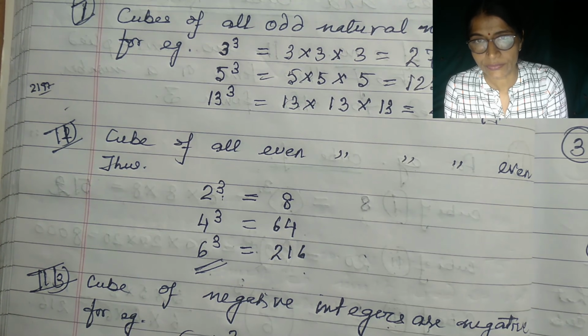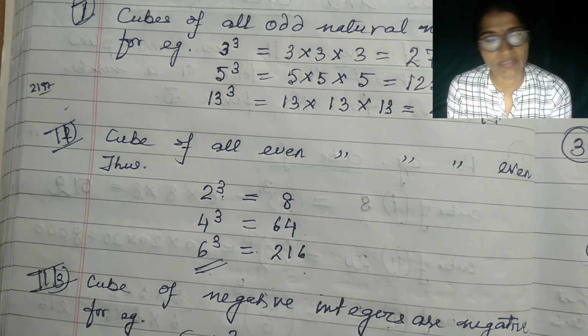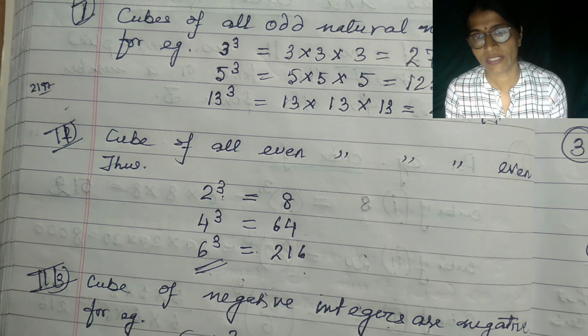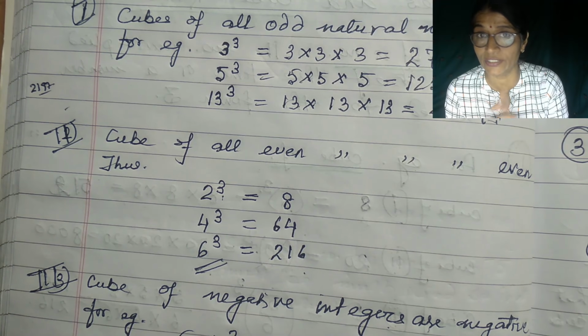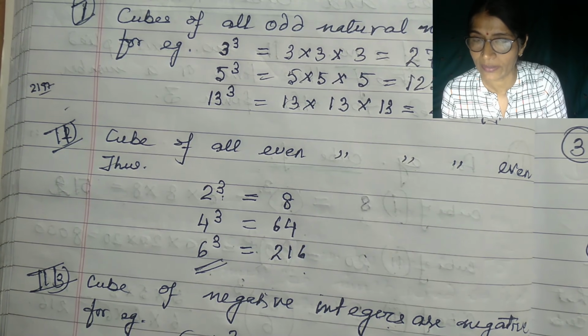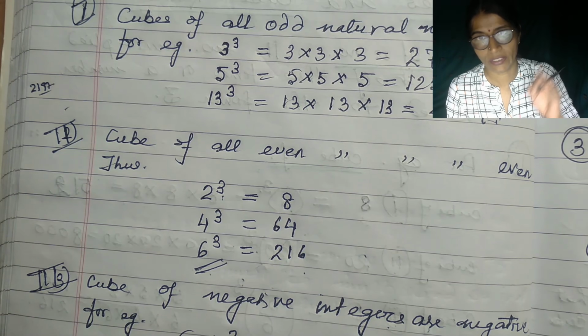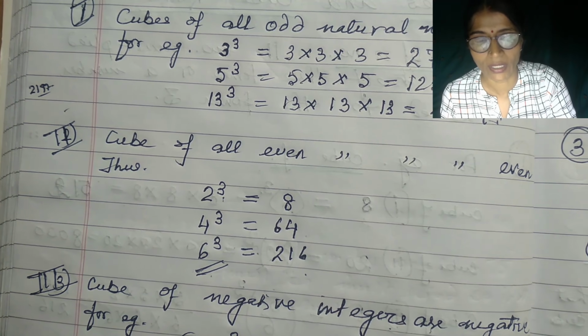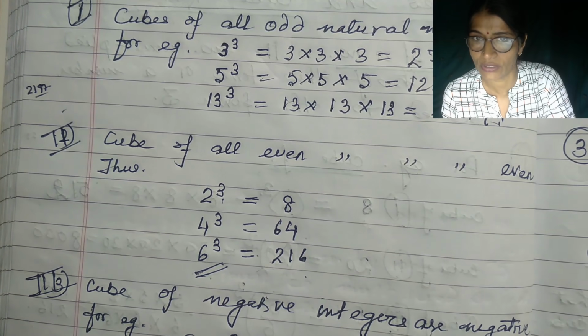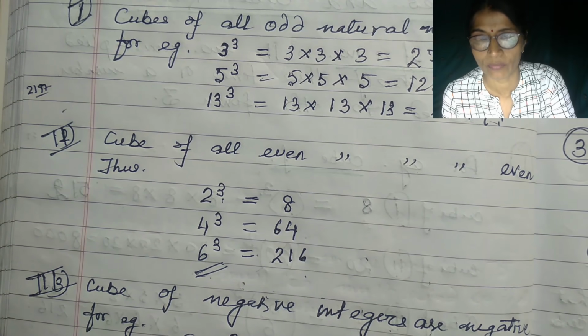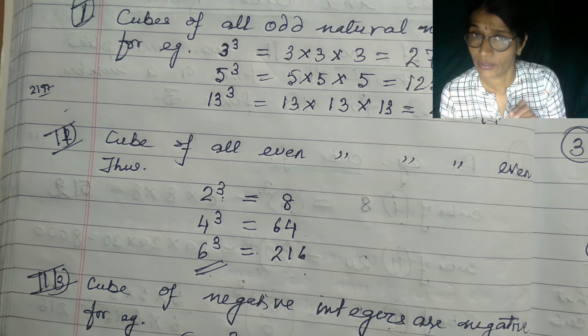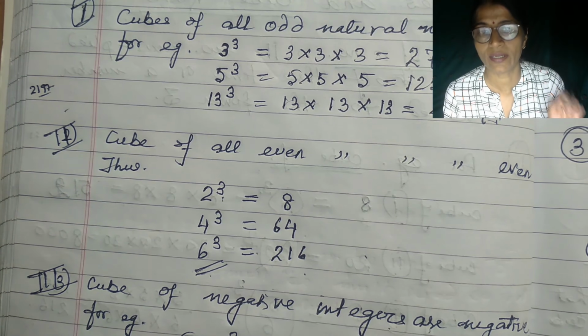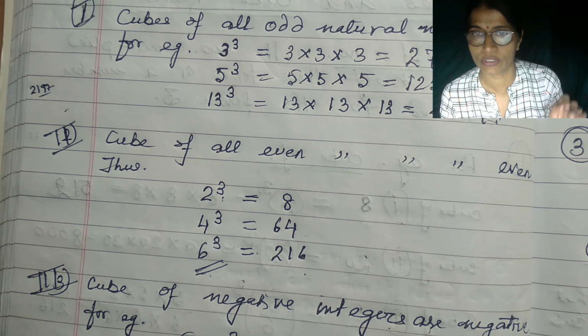Or suppose 81. 81 is also not a perfect cube, because 81 is equal to 9 into 9. When I multiply 9 twice, I get 81. But if I say 81 into 9 is equal to 729, then 729 is a perfect cube, because when I multiply 9 into 9 into 9, I get 729.